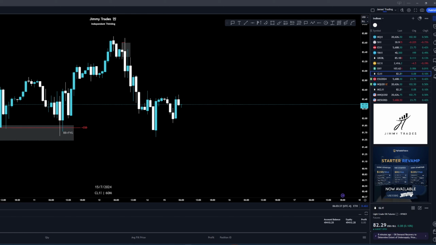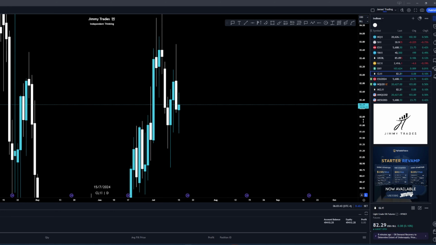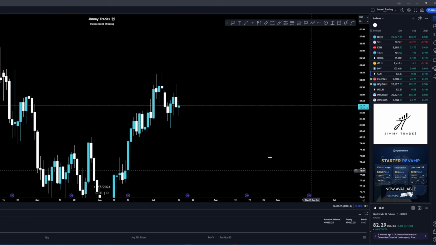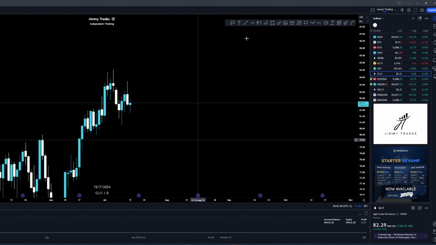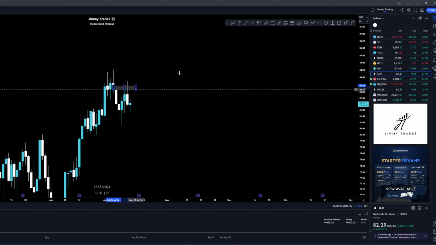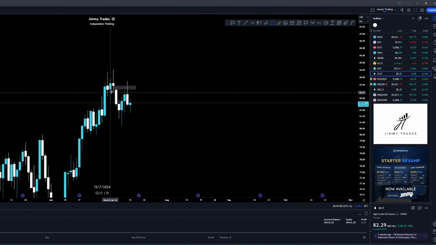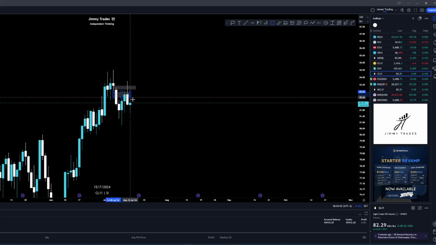Let's clear the chart. All right. So currently, price pushed out of this volume imbalance. Price is also moving away from this internal.